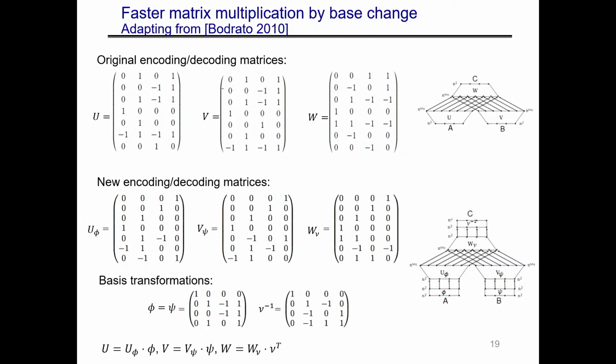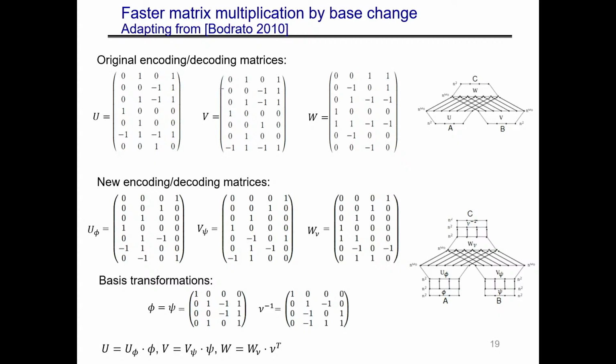So what can you do? You can try and take out from the UVW matrices everything that is repeating, recurring, and do that part separately.